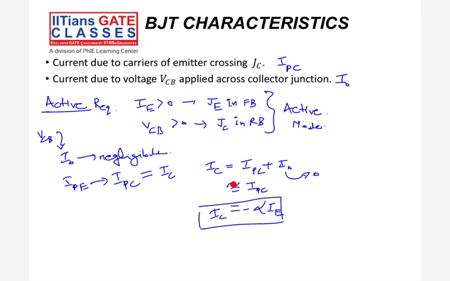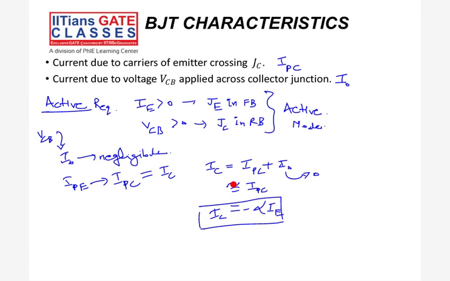Whatever we are doing in the input, there should be a direct effect on the output. That is only what we want. That is what we call amplification, the controlling of the output current, which is done by input current only. That can be possible in the active region.